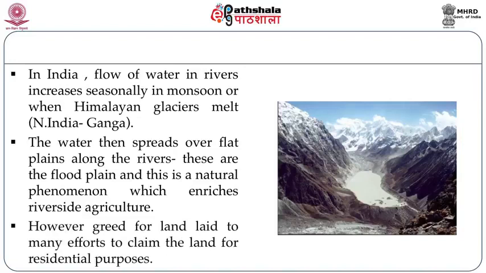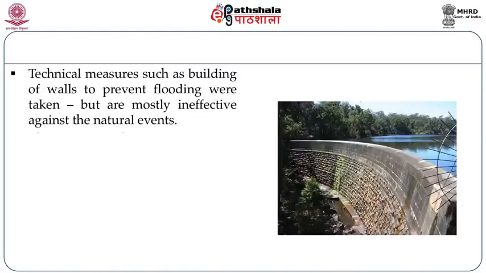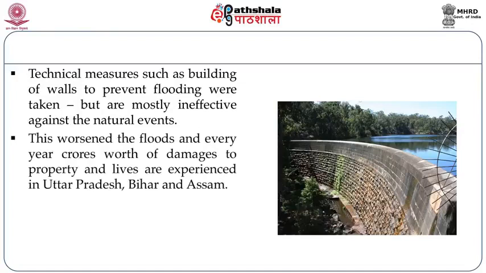This is a natural phenomenon which enriches riverside agriculture. However, greed for land led to many efforts to claim the land for residential purposes. Technical measures such as building walls to prevent flooding were taken, but are mostly ineffective against natural events. This worsened the floods, and every year crores worth of damage to property and lives is experienced in Uttar Pradesh, Bihar and Assam and many other places in India.